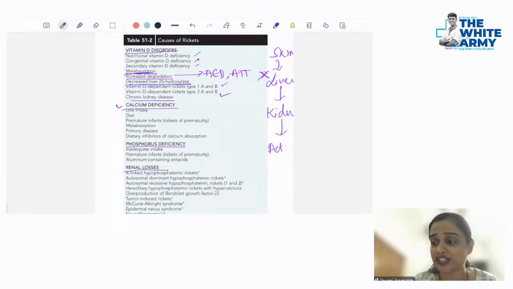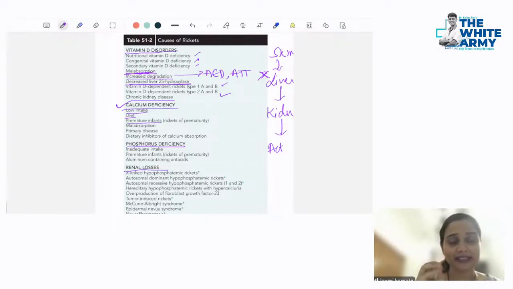When it comes to calcium deficiency, you remember either it is low intake, that means it is a family who never drinks milk or probably has rice as a staple diet, like we see in most of our severe acute malnutrition kids. So either it is low intake where there is a diet issue, or it is a premature infant where because of prematurity itself the child's calcium, phosphorus and vitamin D status is very low.